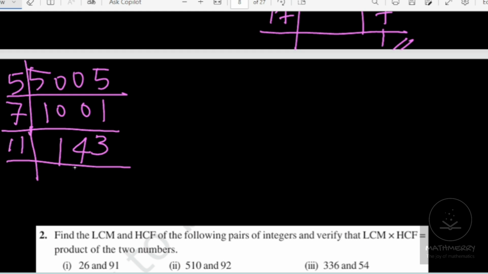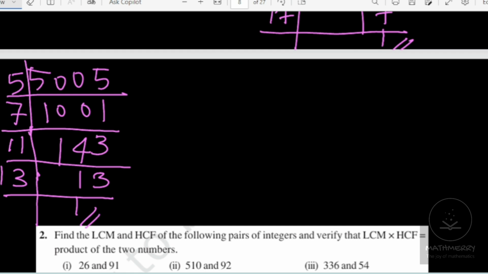It's obviously not divisible by 7 or 5, so we are trying for 11. Now 143 divided by 11, we will get 13. Now 13 divided by 13 itself, it's 1.